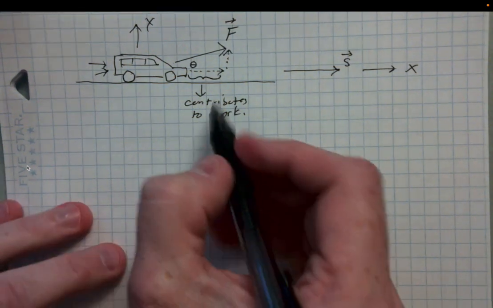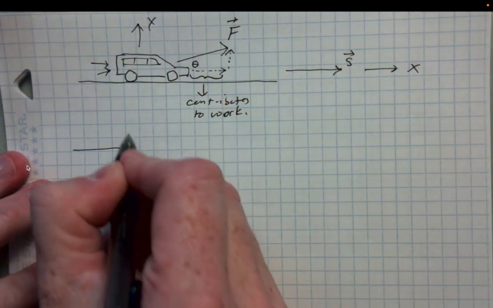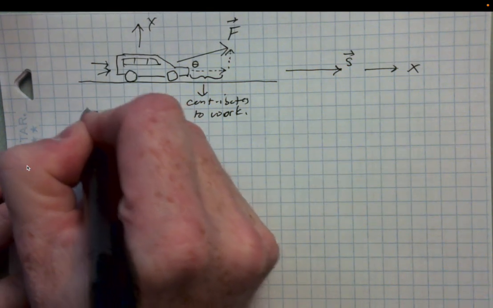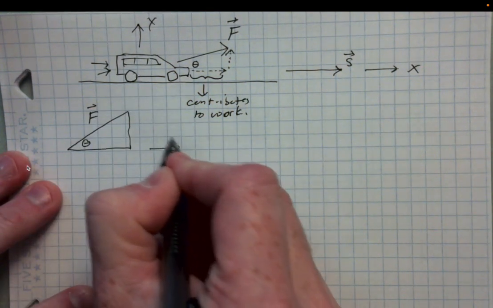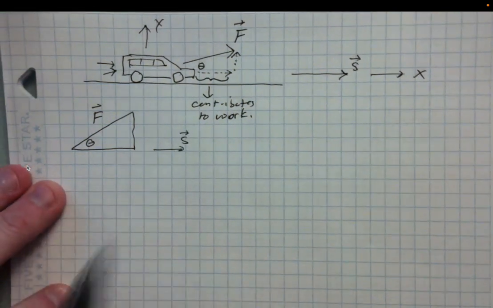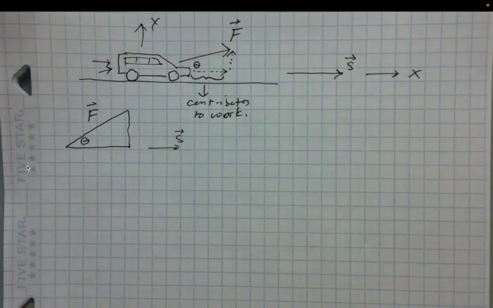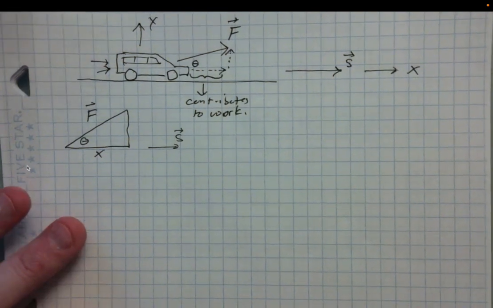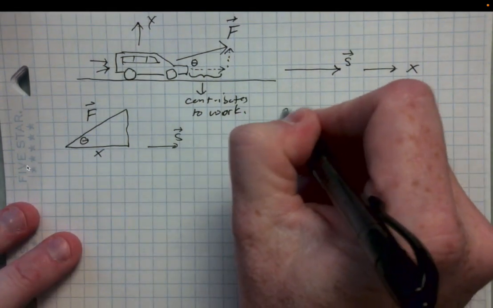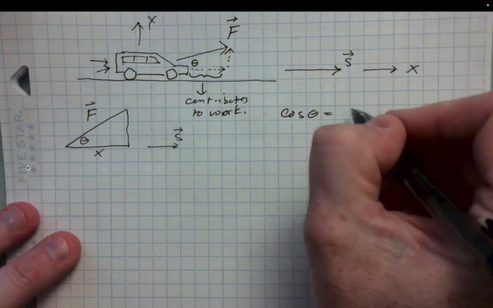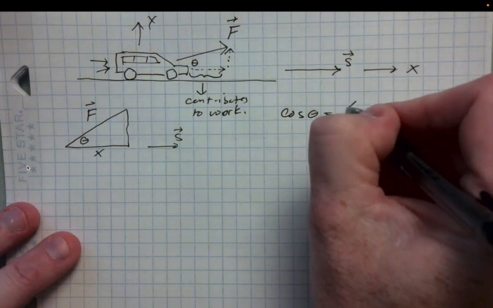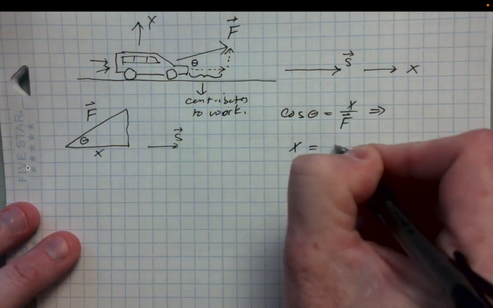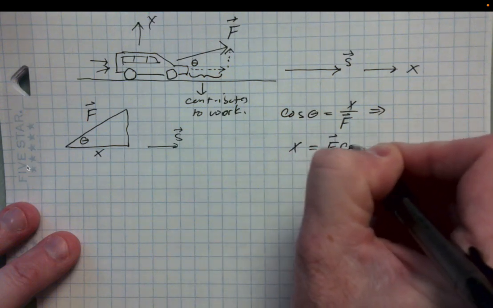Okay, and so if you think about this triangle here, you've got your theta, you've got your F, and we'll say that the displacement is in the direction of this lower leg. Then this is the part that's contributing to the work, and so we would say that the cosine of theta is equal to x over F, which means that x is equal to the force times cosine of theta.